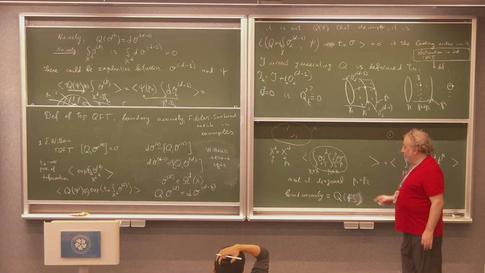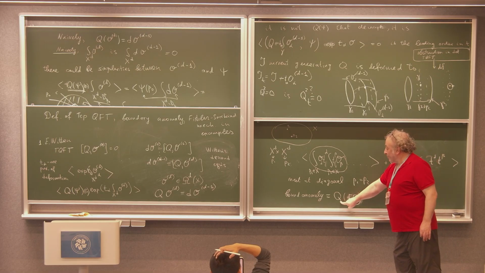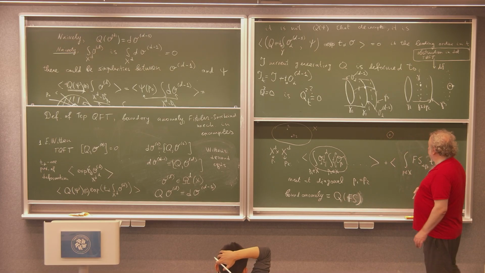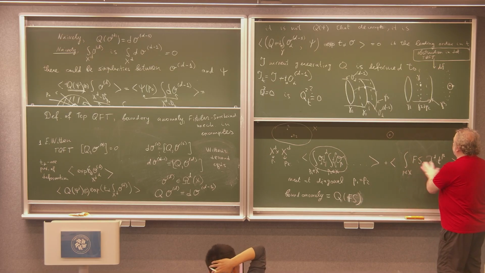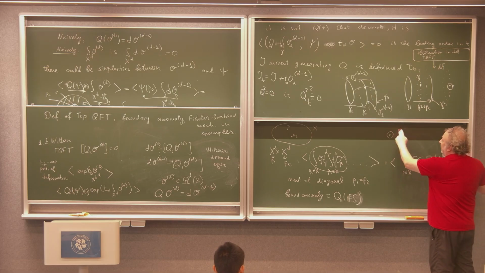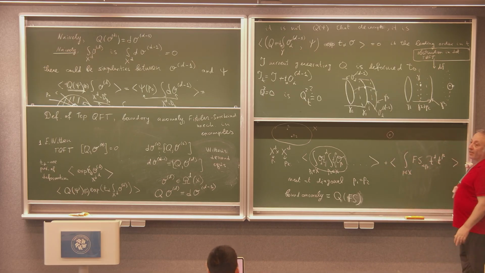And that's the boundary anomaly. But suppose it is Q of some other term. Then I just add this term. So when I act by Q, Q of the Fischler-Susskind term would cancel this anomaly. And I will have an anomaly-free theory.